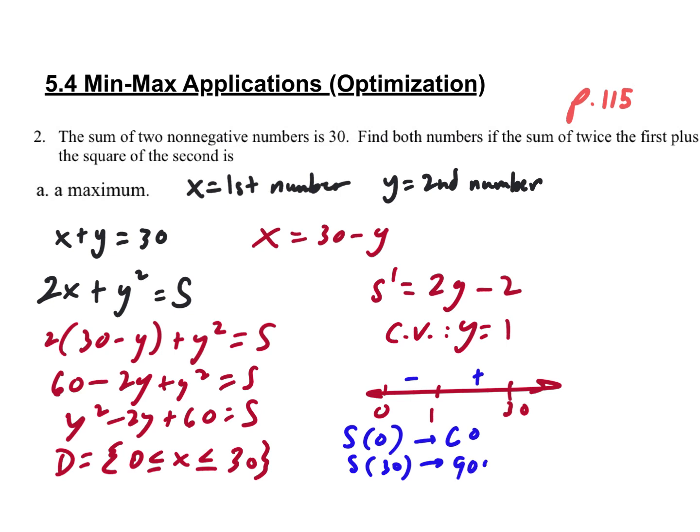Hold on, no, it's still lost. So these are y's, because of this. The values that we're using are y's. So when I plug 0 in, I'm plugging it in here because that is the sum. If this is my y, then my x has to be 30, because 0 plus 30 equals 30.